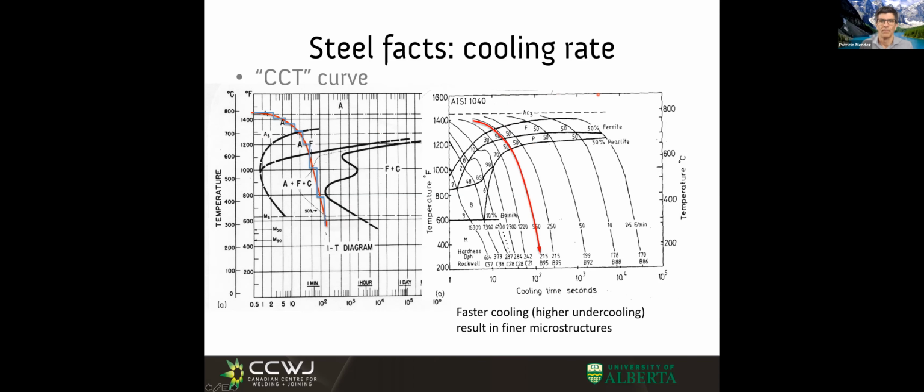Okay, we're fine. And then when something happens, we had primary ferrite, right? Here we have a primary ferrite. It says A plus F, meaning the austenite we have on the left starts to transform into ferrite. The first ferrite that appears is a primary ferrite. And guess what? Here they use other words that are not meant to confuse you, although they're quite successful at confusing people. They put A plus F here.